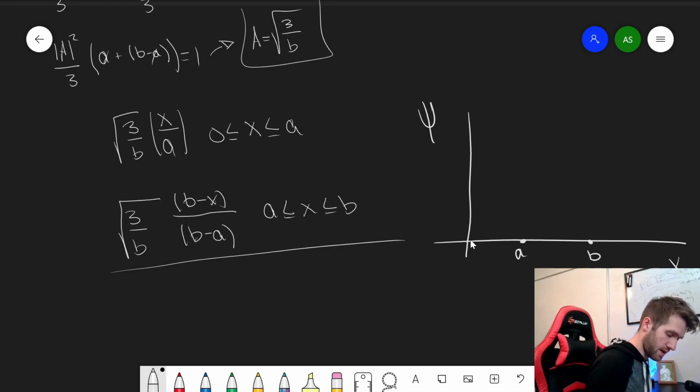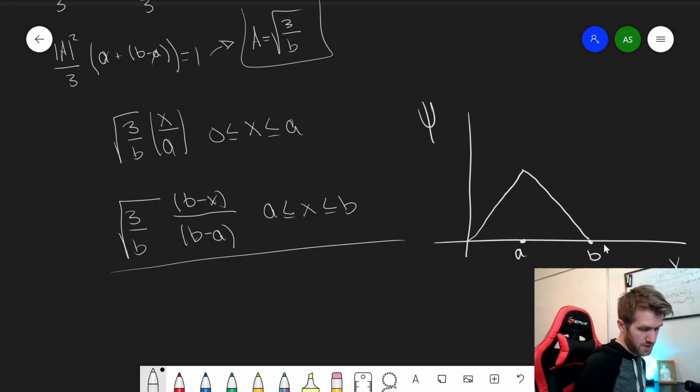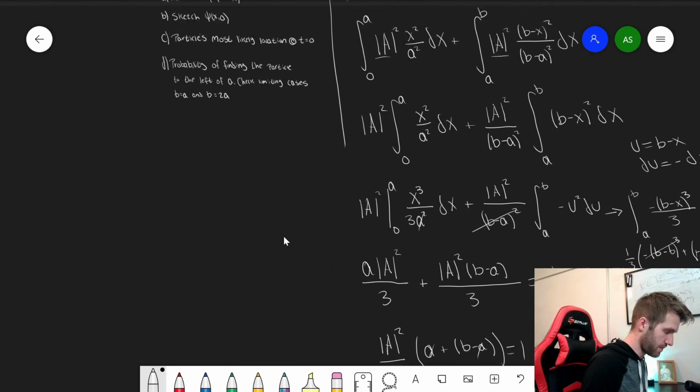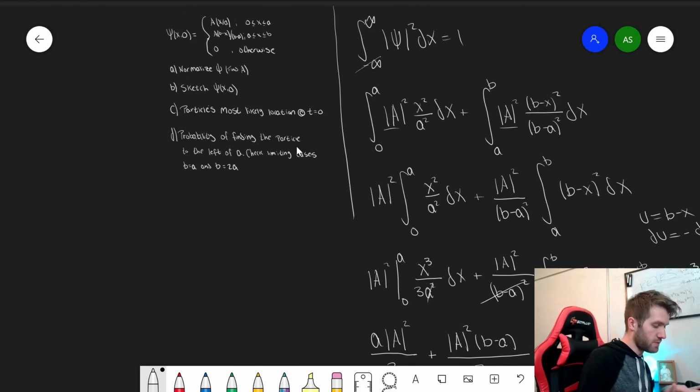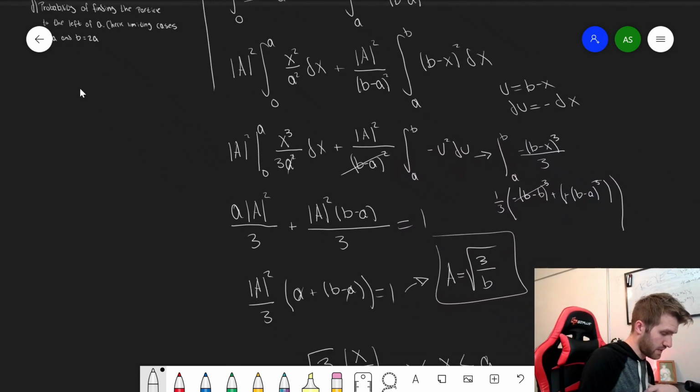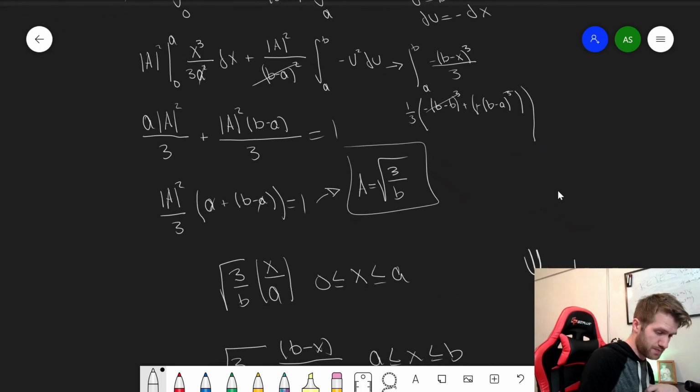And once it hits A, it steeply declines all the way to B. And that's basically what it looks like. And what we want to figure out now is just determine the particle's most likely location at t equals 0, and then the probability of finding it to the left of A in our limiting cases.